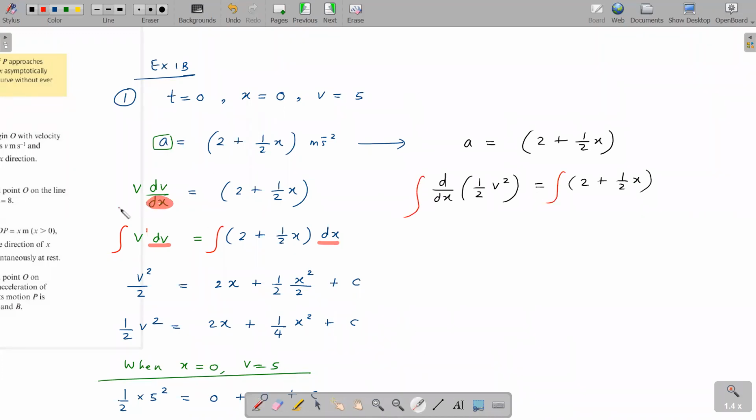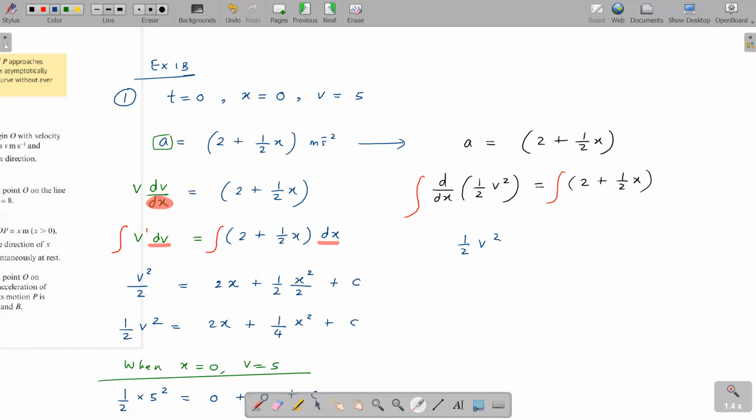Actually, I prefer to use the other method. But anyway, if you go with this, d by dx means you are supposed to differentiate, and this is integrate. So when you differentiate something and integrate the same thing, you come back to the original, which is half v square. So basically the same thing again.